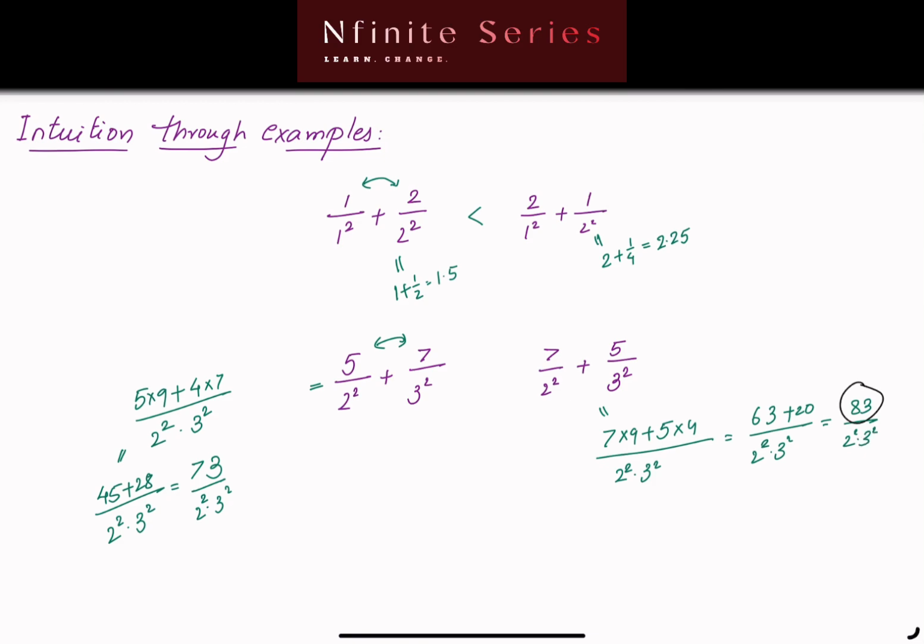Now 83 is greater than 73. So we have got ourselves right hand side greater than left hand side. So what does this tell us? Again, if we take sum where the numerators are knocked out of their natural position, we increase the sum. If the numerators are on their natural position, the sum is less. That leads us to the following guess.